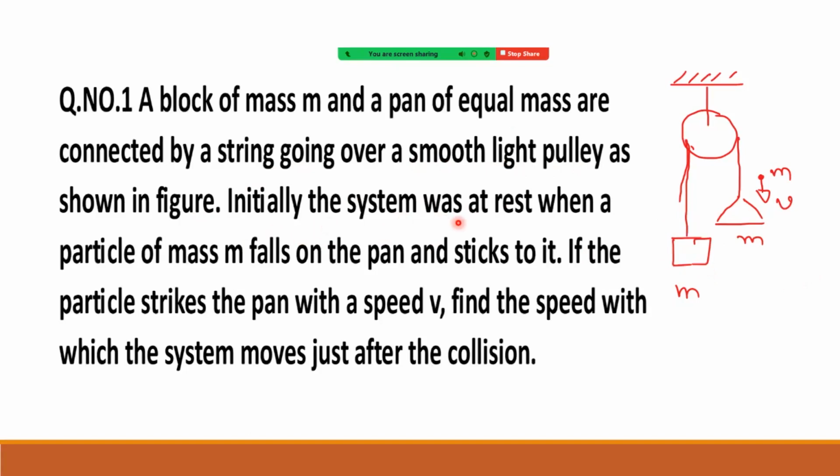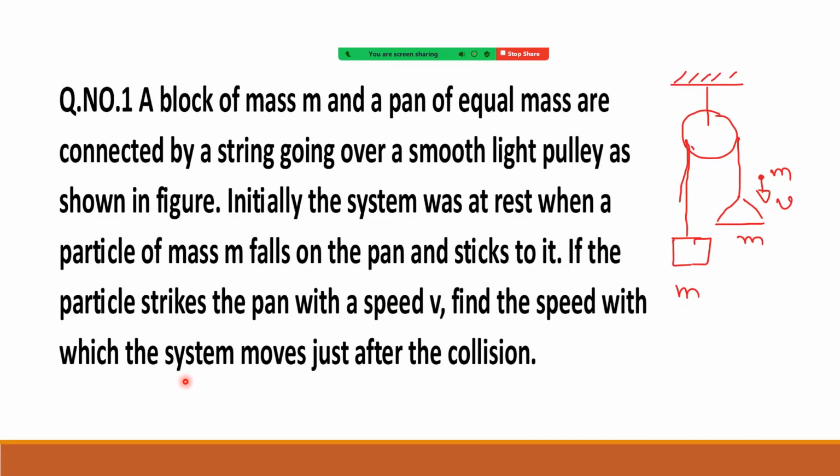Initially, the system was at rest, when a particle of mass m falls on the pan and sticks to it. Initially this system was at rest because it has equal masses, right? Now there is a particle of the same mass falling with a speed v on the pan and sticking to it. If the particle strikes the pan with a speed v, find the speed with which the system moves just after the collision.